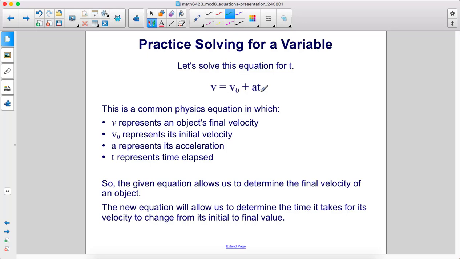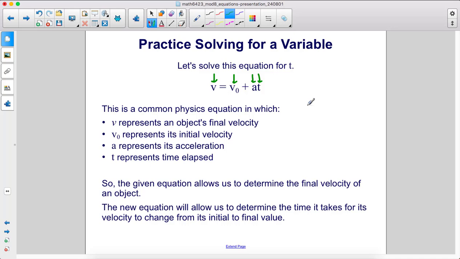Let's solve this equation for t. This is actually a very common physics equation, a kinematics equation, in which v equals the object's final velocity, v naught, or v with a little 0 subscript, represents the initial velocity, a represents acceleration, and t represents time elapsed.